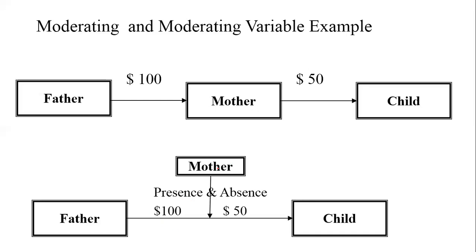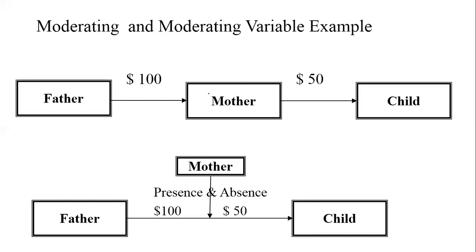But when the mother is not present, the father and child have a different relationship in terms of pocket money. So here, just because of the mother's presence or absence, the relationship between father and child changes. So here she's acting as a moderator.